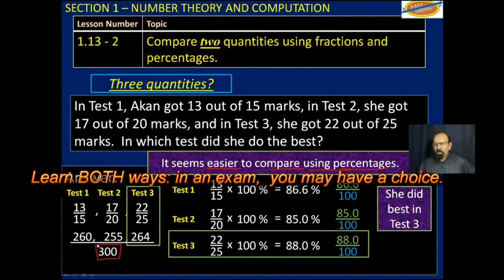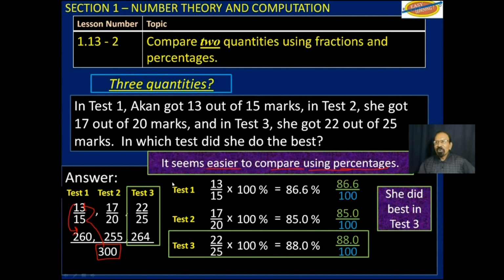And secondly, once you find that LCM, you have to divide that LCM by 15, and the answer you get, you have to multiply by 13 and then put that down here. Maybe if you have two simple fractions to compare, that will work. But if you have 3 like this or 4, anyway, CXC says you are to know how to compare two quantities. And I think you can manage that now for yourself.